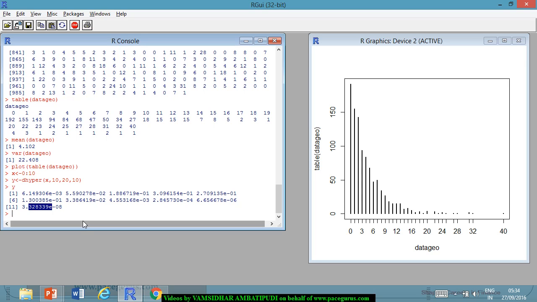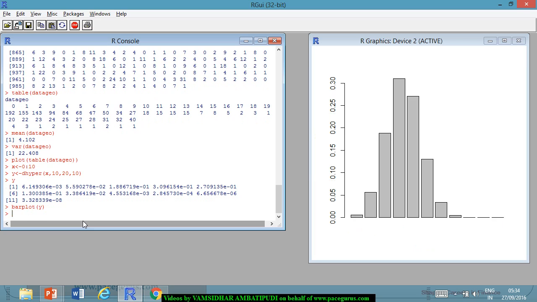So I can very well go with a bar plot associated with y. So this is how the probabilities are working out. I can take the bar plot of y and set the y limit as 0 to 1.